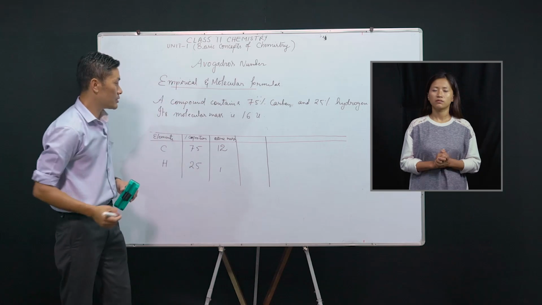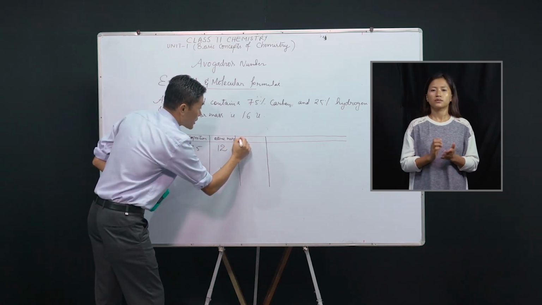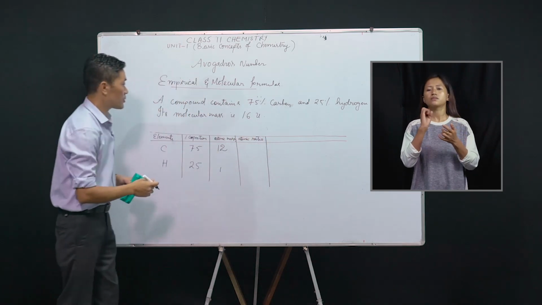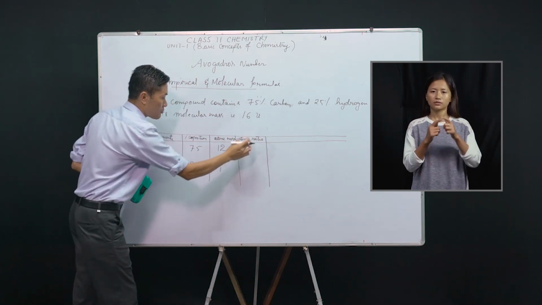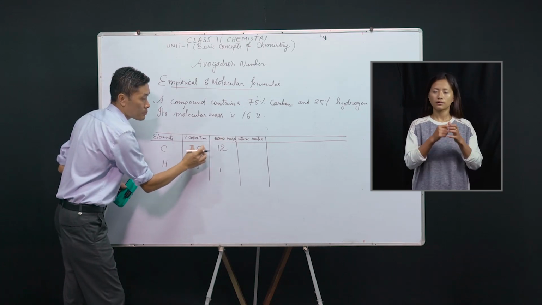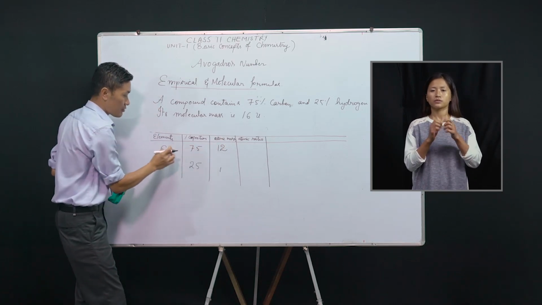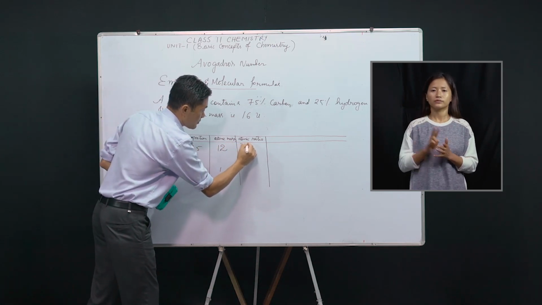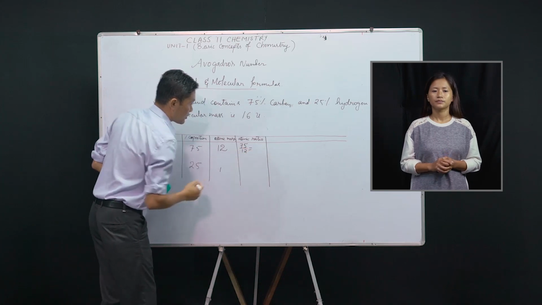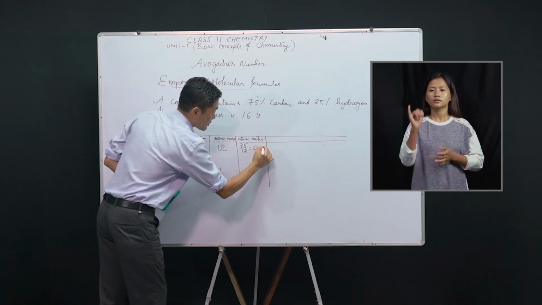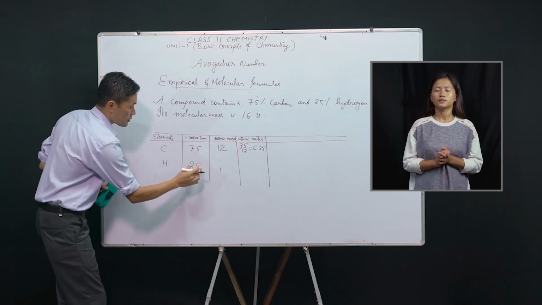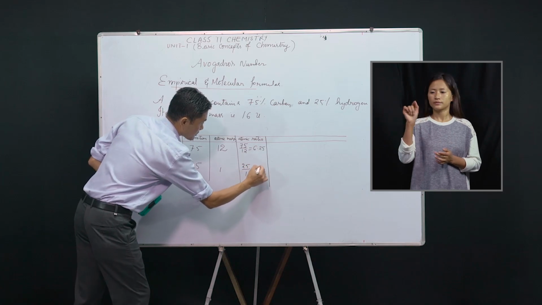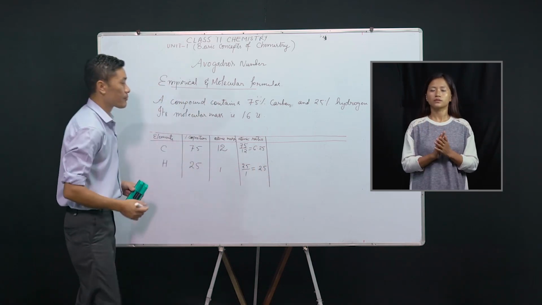In the fourth column, we calculate the atomic ratio. This atomic ratio is obtained by dividing the mass percentage by the atomic mass. So in the case of carbon, it will be 75 divided by 12. This will give 6.25. And for hydrogen, 25 divided by 1 will give us 25.